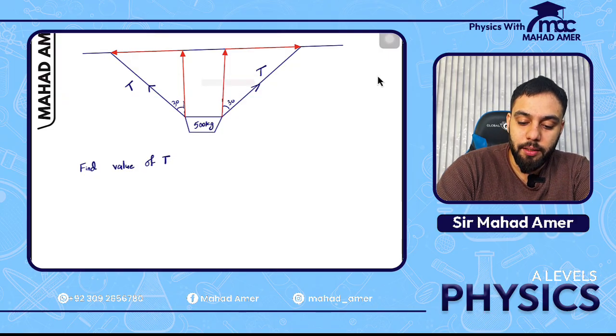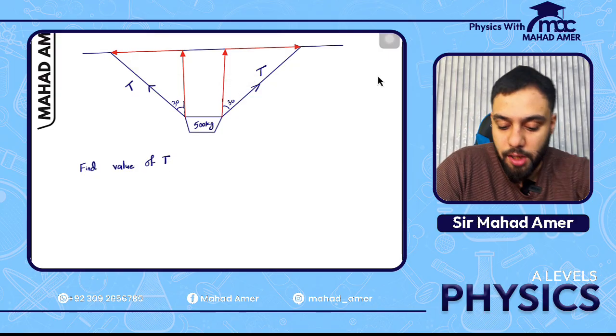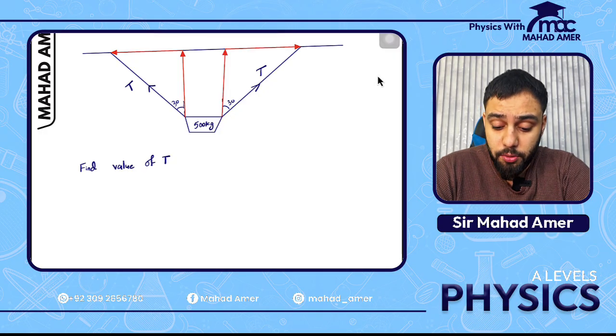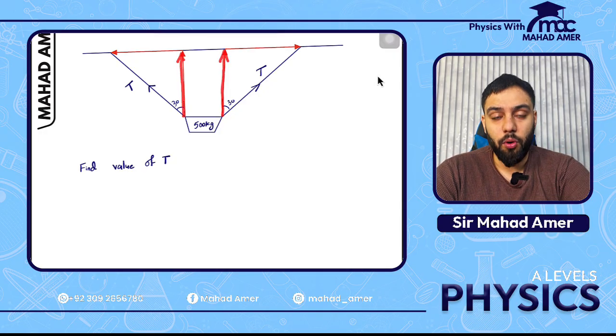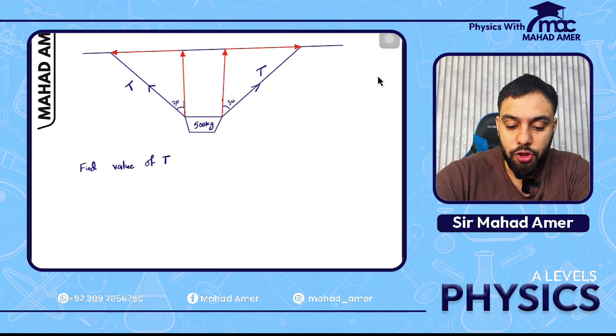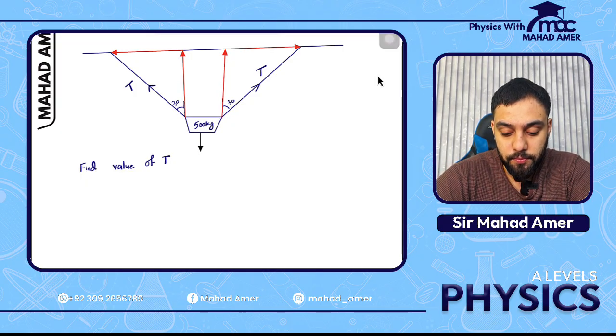We'll be doing this a little bit again in the forces chapter, but since we're doing vectors, we need to understand that these two vertical components of the tension are actually balancing this weight.